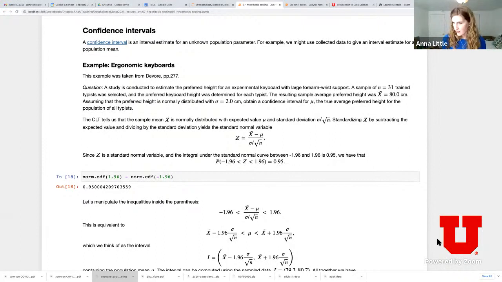How did we get 1.96? We basically just assume that we already know that for a standard normal distribution. This is related to a rule of thumb where you have about 68% of your data within one standard deviation, about 95% within two standard deviations, and about 99.7% within three standard deviations.